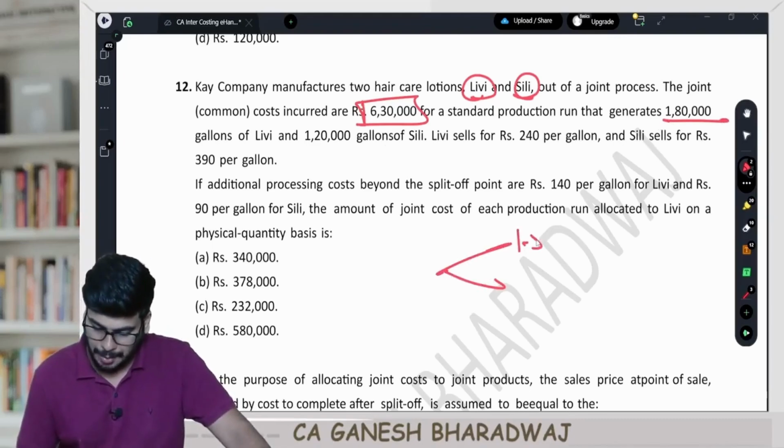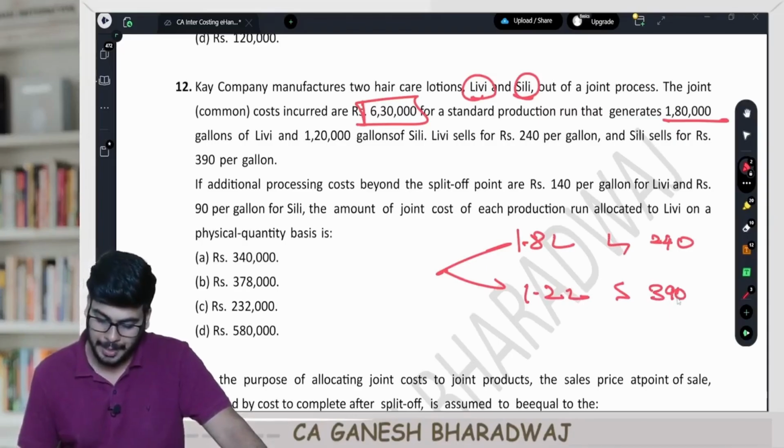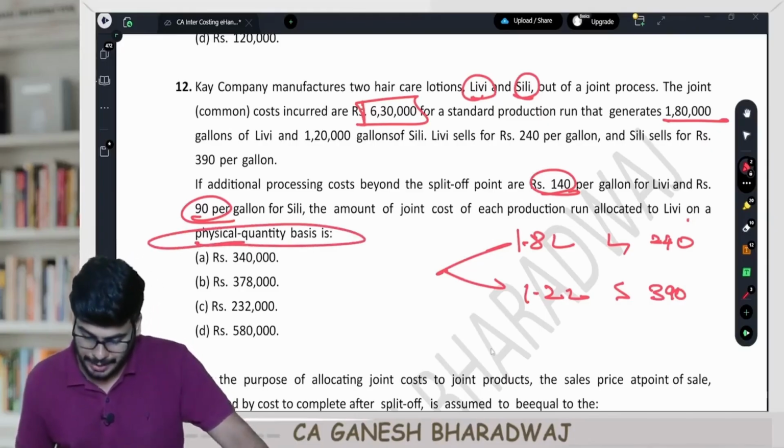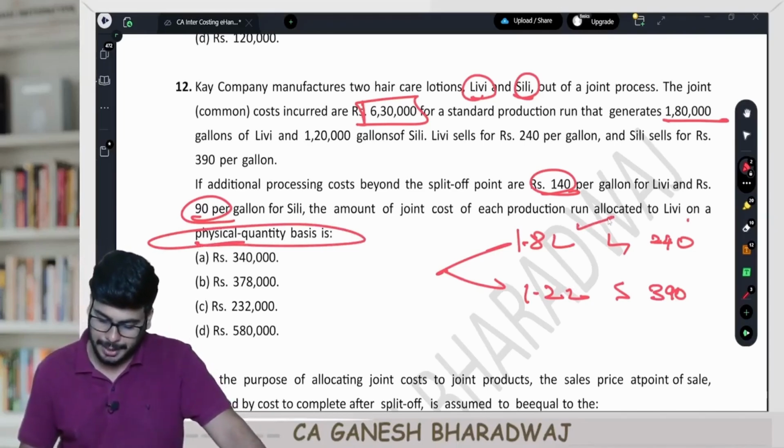Levi sells at the rate of rupees 240 and Silly sells at the rate of rupees 390 per gallon. If additional processing costs beyond the split off point are 140 per gallon of Levi and 90 per gallon of Silly, the amount of joint cost of each production run allocated to Levi on the basis of physical quantity is how much? They are asking you for the share of joint cost of Levi alone.